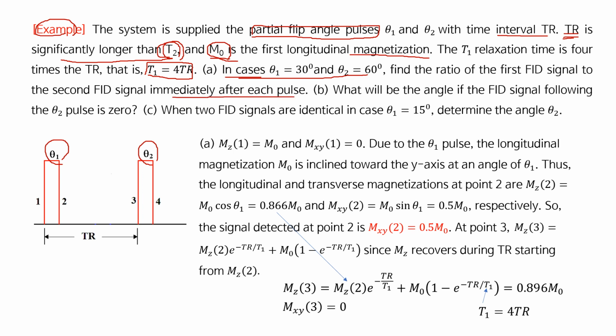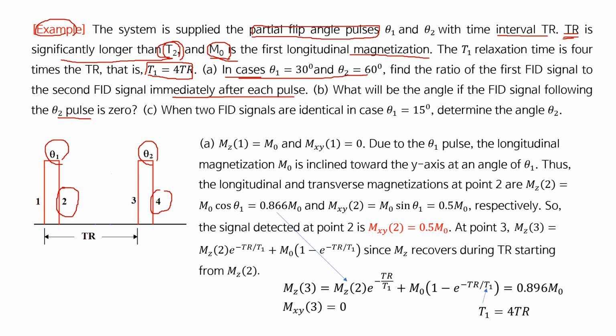So we can get the first signal here and the second signal here, right? So find the ratio between the two signals. And question B, what will be the angle if the FID signal following the theta 2 pulse is 0?